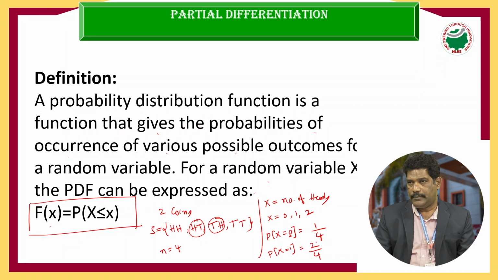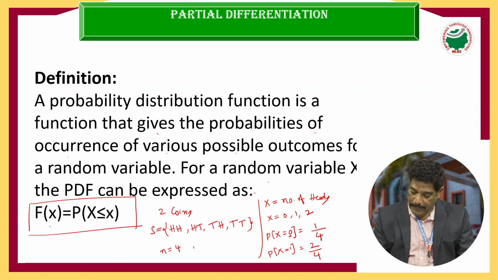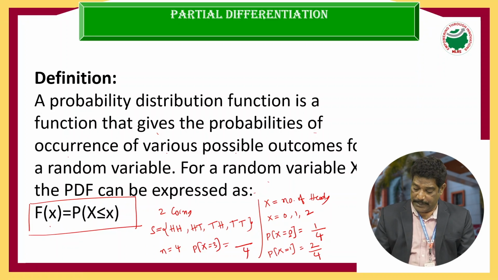Next, x equals 2. How many times do we get 2 heads? Only 1, so 1 out of 4.